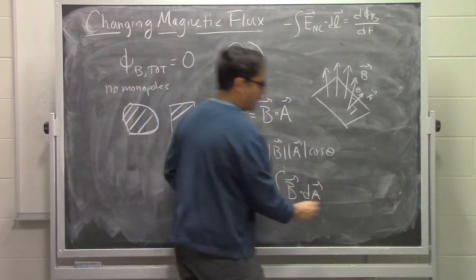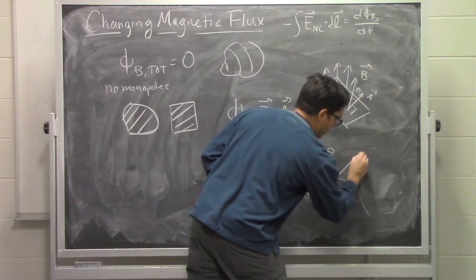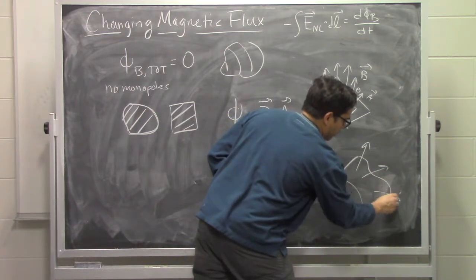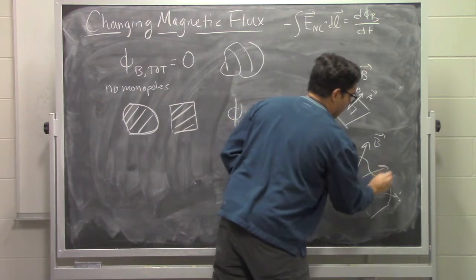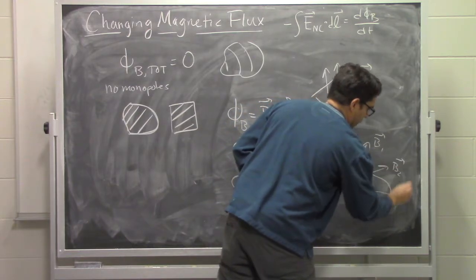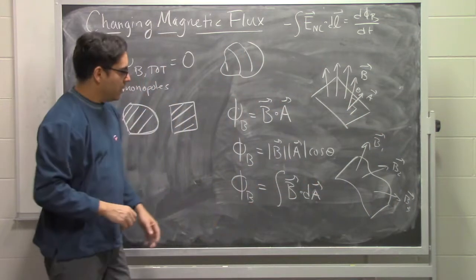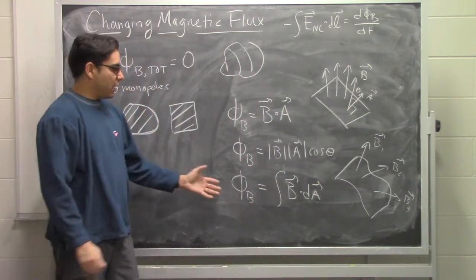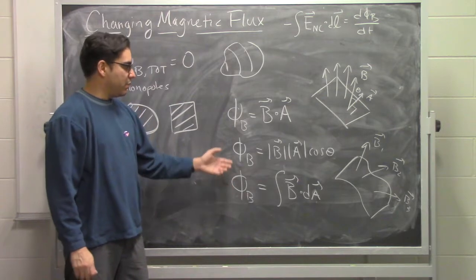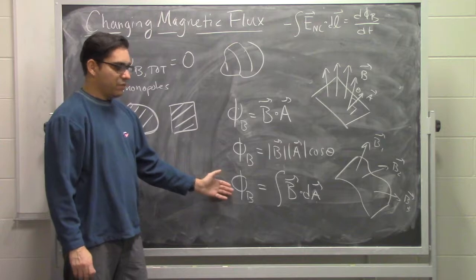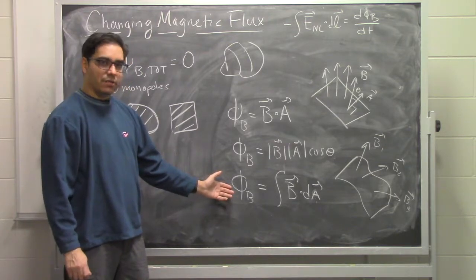This will take care of any kind of funky-looking shape that has any kind of weird magnetic field pointing in any sort of weird direction, okay? Oftentimes we're not going to have situations that are very complicated like this, but rather be able to use more straightforward situations. But this is in general how we'd define the magnetic flux.